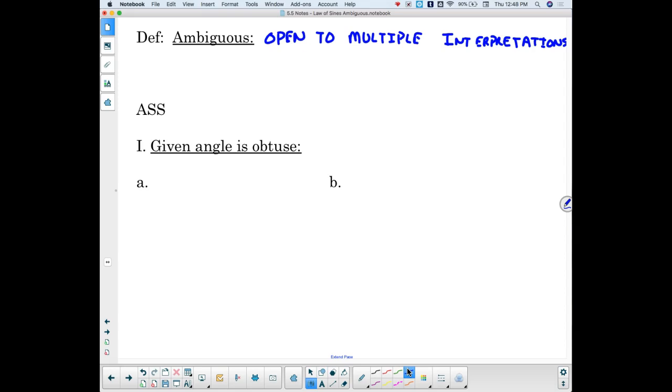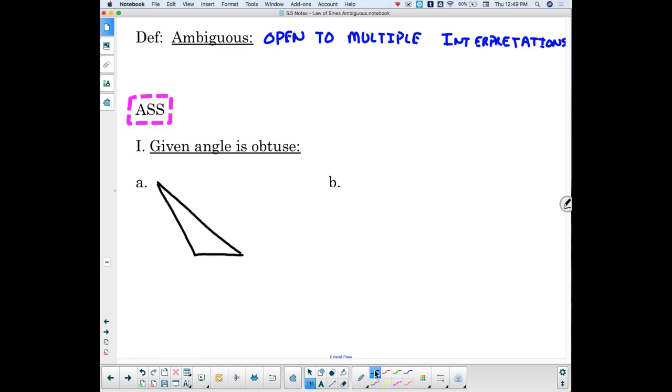The ambiguous case only happens when you are dealing with your angle-side case. All the other cases, one triangle is produced. It's just in that angle-side case that you've got issues. If your given angle is obtuse, here is my angle, here is one side, here is my other side.